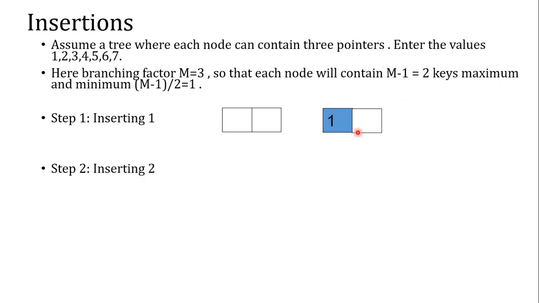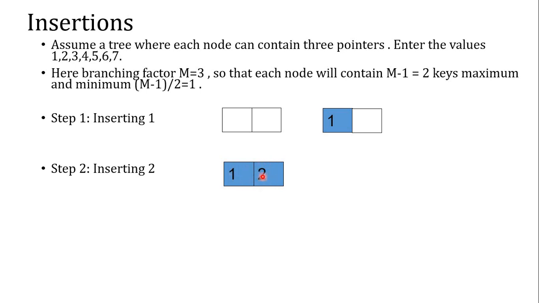Now you see that in a leaf having 2 spaces, we are inserting 1 already, which is blocked by a blue color, so another block is still free. If you want to insert 2, the free space will be used, so we can insert 2 in the free space. 1 is already inserted previously, and we are now inserting 2.